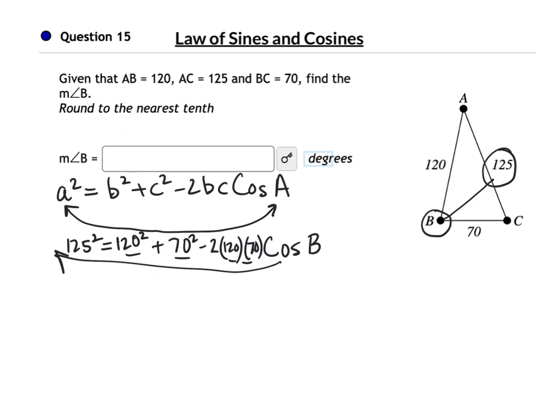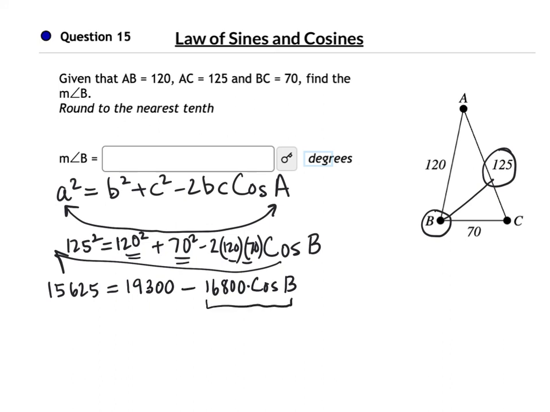125 squared is 15,625. 120 squared plus 70 squared is 19,300. 2 times 120 times 70 is 16,800 cosine of B. Now we're going to get this by itself.